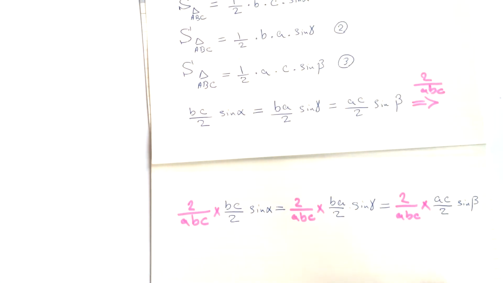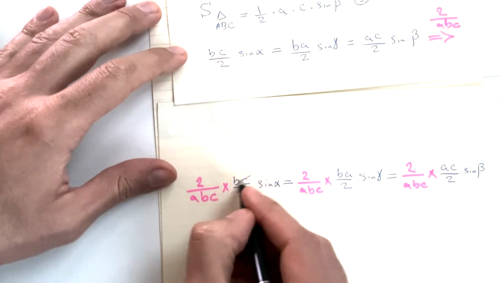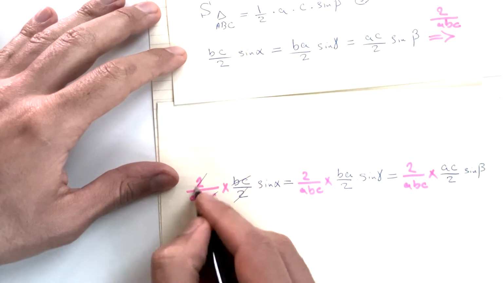Now here I can cancel out some parts, which will be the BC with BC, and 2.